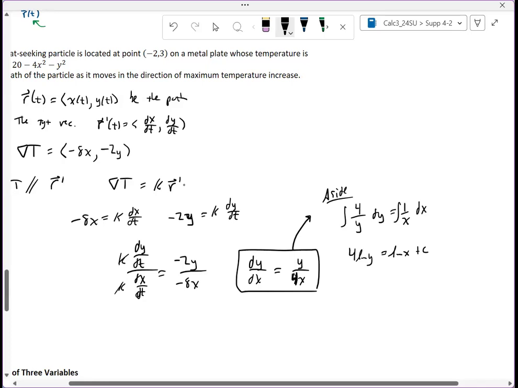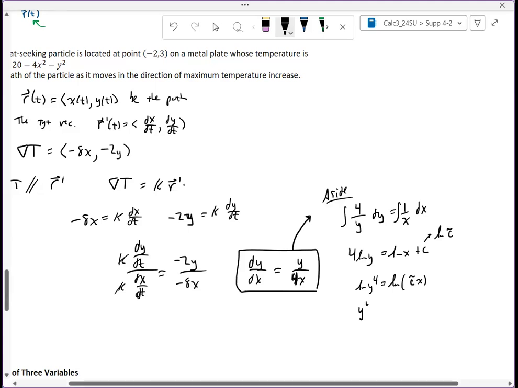And we get log of y to the fourth equals log x plus c. We could write this as, say, log of some c tilde, some other constant. And then the sum of the logs is the log of the product, so log of c tilde times x.